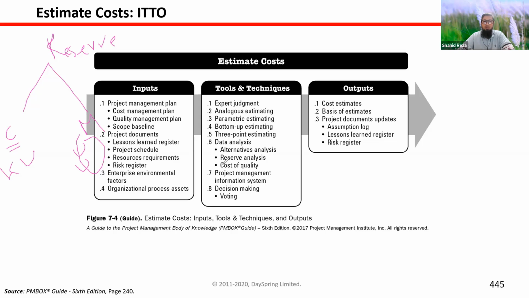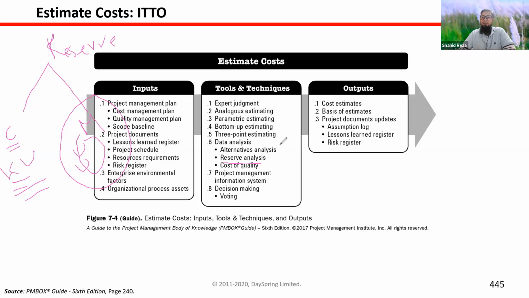So when you are talking about cost for every task, then we need to analyze how much extra money we need if there is something wrong. If any risks arise, then how do we deal with that situation? So that's why we keep contingency reserve. And we also keep management reserve if anything happens that is out of our imagination, which is known as act of God.